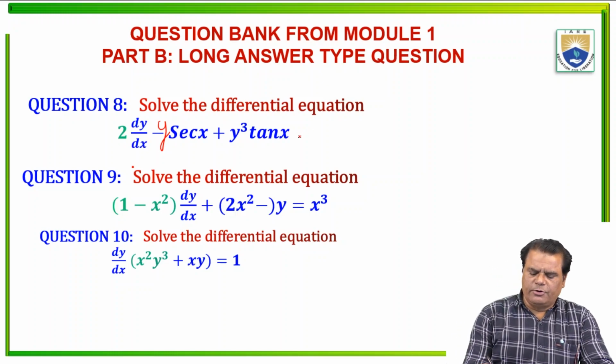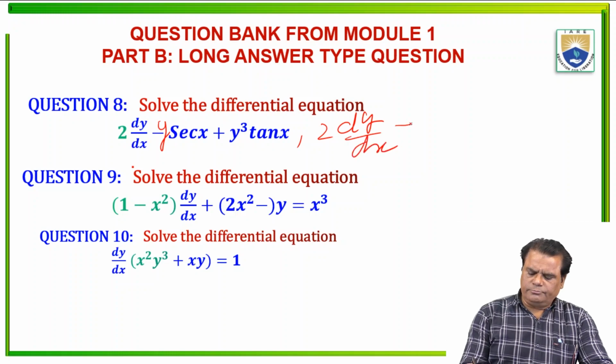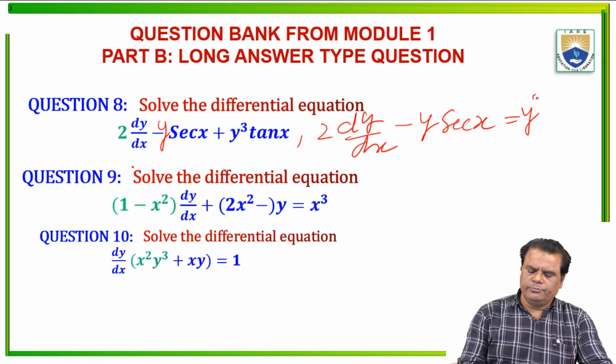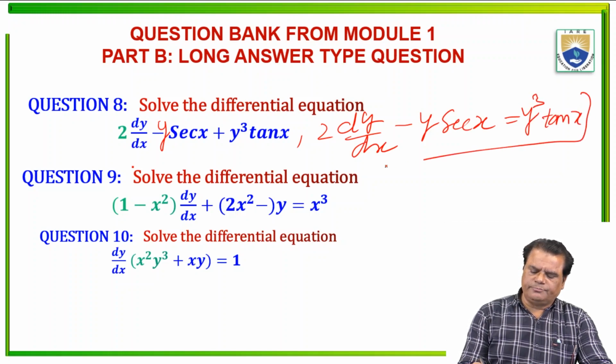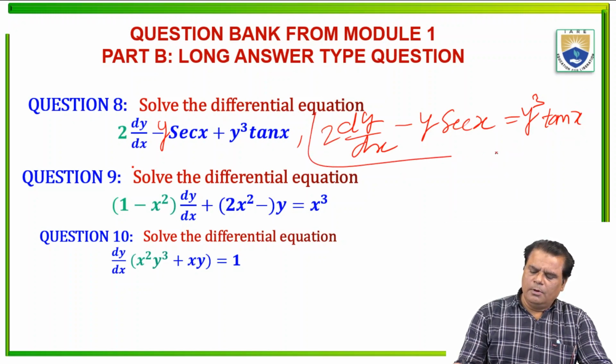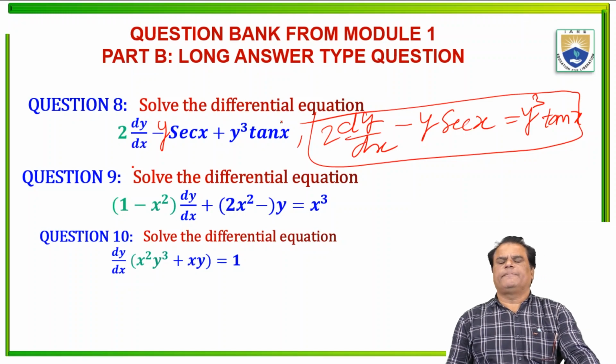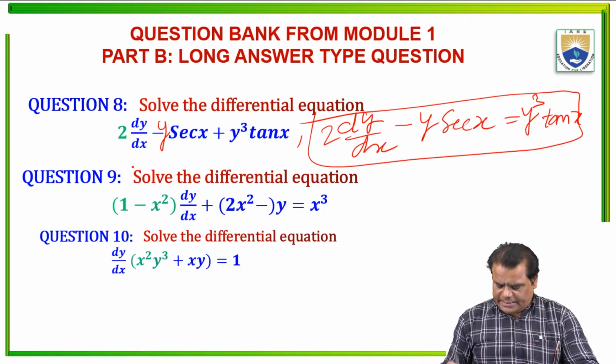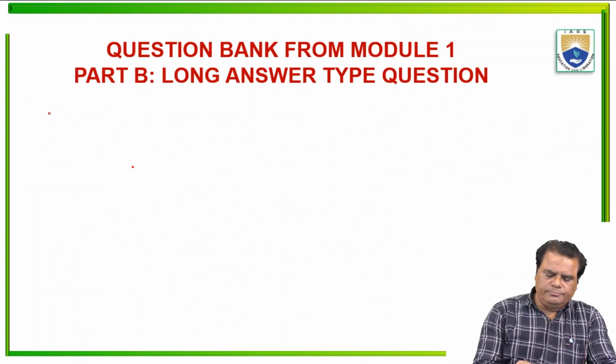This problem is wrong. The correct question is 2 dy dx minus y sec x equal to y cube tan x.